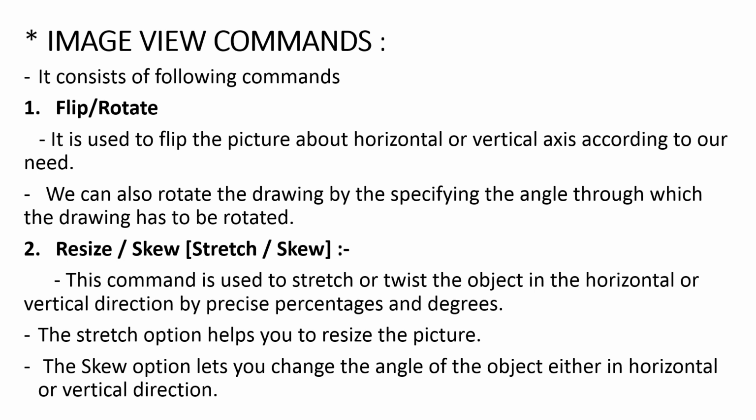In the earlier version of Paint, there was a separate tab of image commands, but in the current version, we will see all the image view commands inside the home tab. Now, image view commands consist of the following commands.